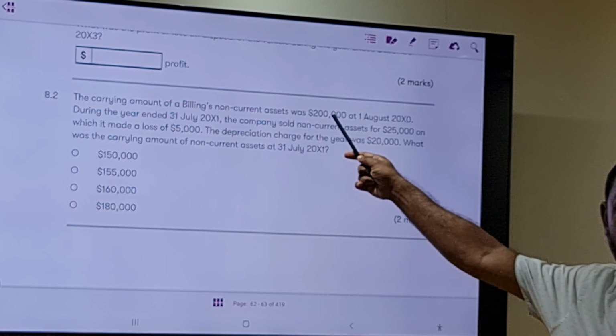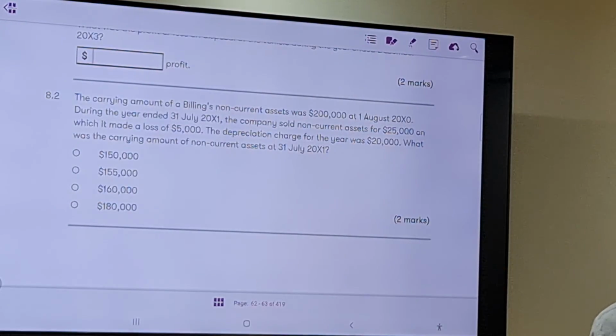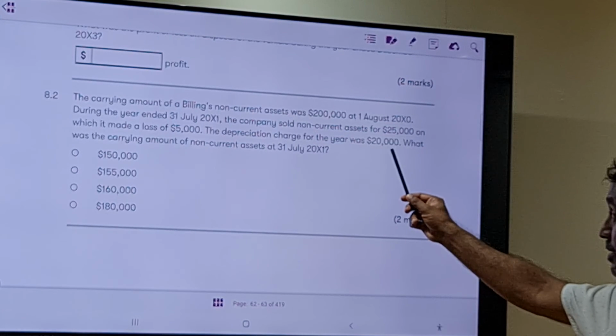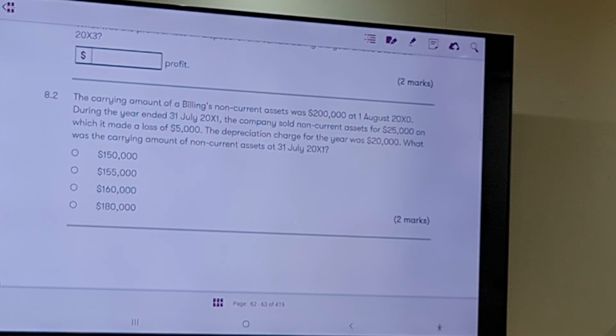What was the opening balance? 200. How much asset did I sell? 30. So the new value will be 170. And the further depreciation for the year will decrease it by another 20.